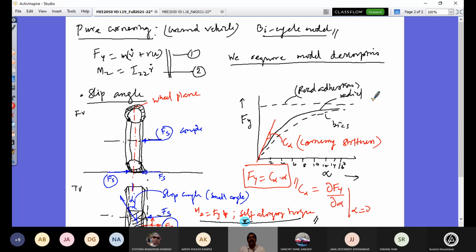So your three equations are further reduced to two for pure cornering. And even in pure cornering, if you look at steady state motion, where the time-varying parameters, the lateral velocity and yaw velocity, are constant, then this is going to be only one equation. That's quite sufficient for comparison of your vehicles for their handling capability.